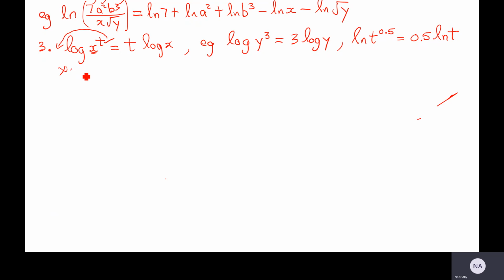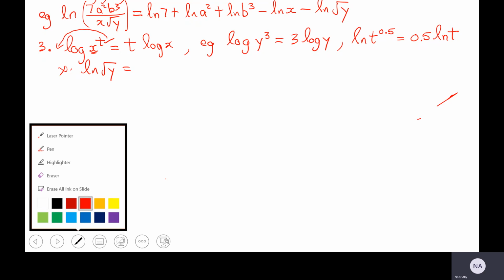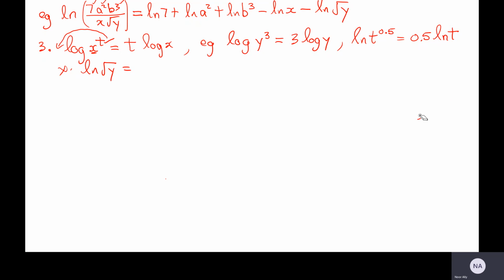You tell me quickly, what is the ln of the square root of y? While I start erasing. Yes, you should have an answer already, don't you think so? Yes, I can write square root of y as y to what power? That's ln of y to the power half. And now I can take that half to the front, half ln of y.